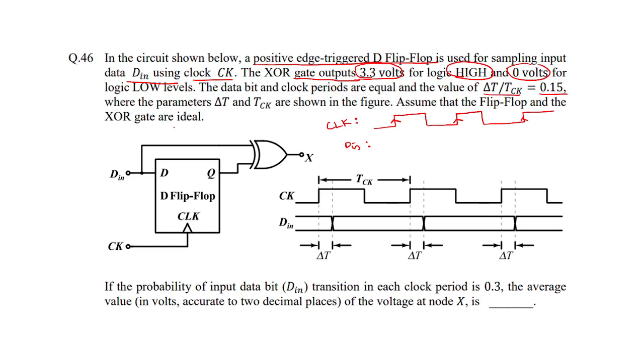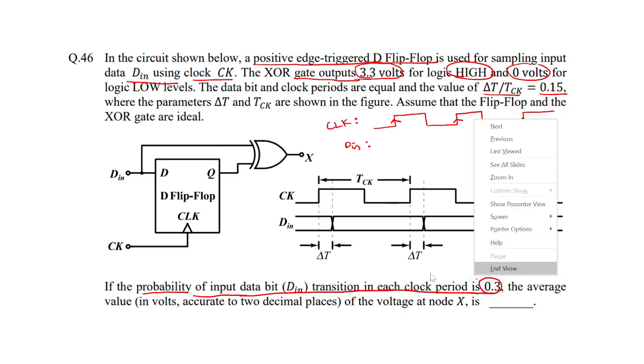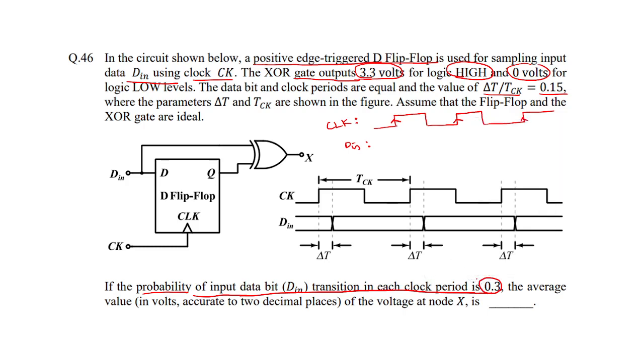Assume that flip-flops and XOR gates are ideal. If the probability of the input data bit transition in each clock period is 0.3, that means whether D in can change or not. If this is 0, to change to 1, the probability is 0.3.